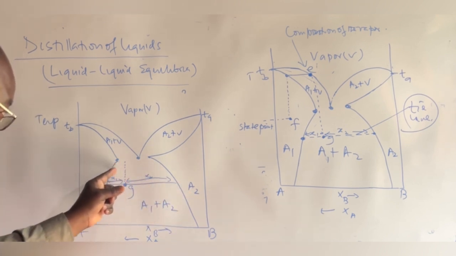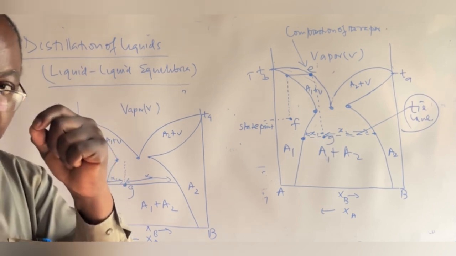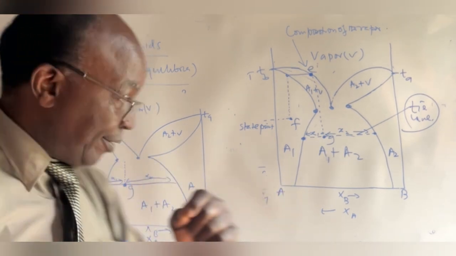In other words, A2 is being preferentially vaporized as compared to A1.